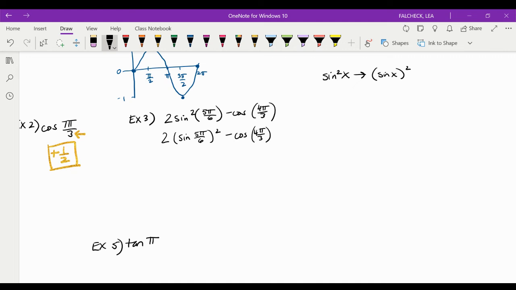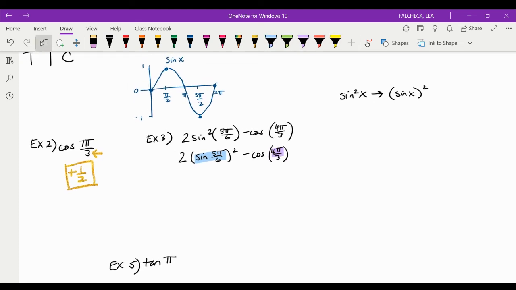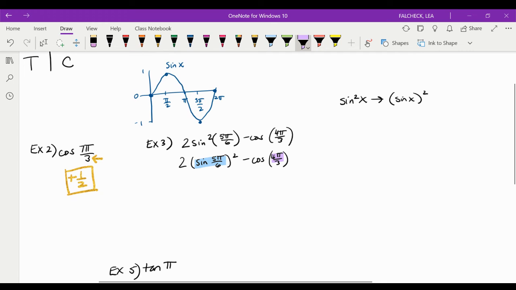Okay, so all I'm really looking for is the sine of 5 pi over 6 and the cosine of 4 pi over 3. I could totally do that. Whatever I get for those inputs, I'm going to put the numbers in the parentheses. The trigonometric stuff is going to disappear because I got a value, and then it'll be very easy to solve. So sine of 5 pi over 6.